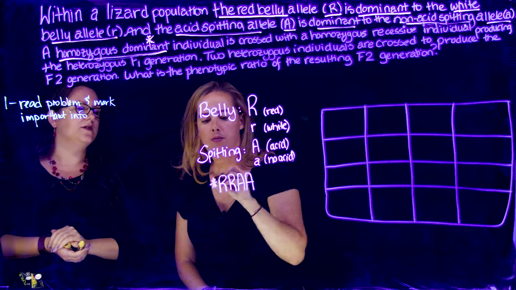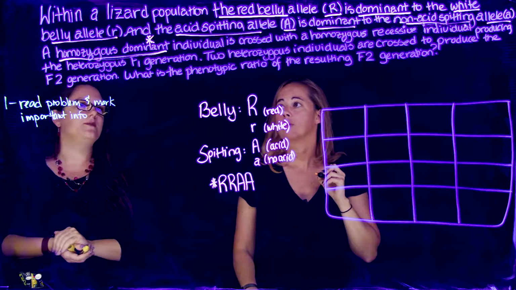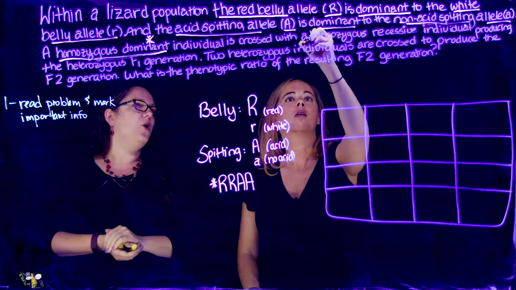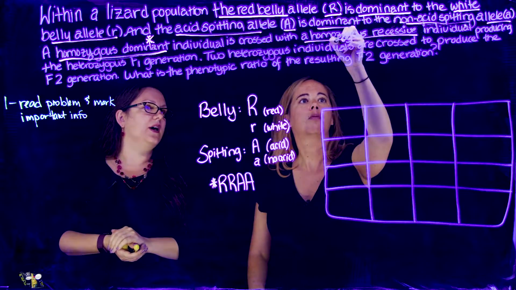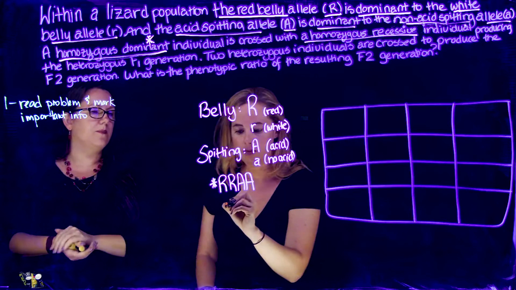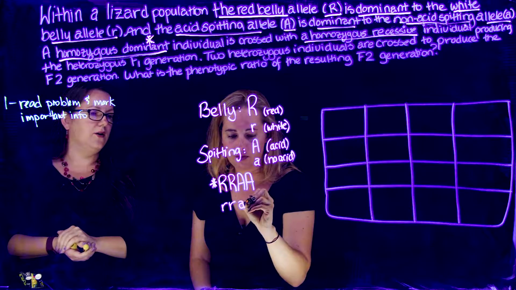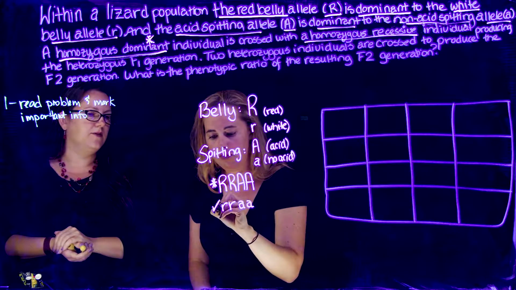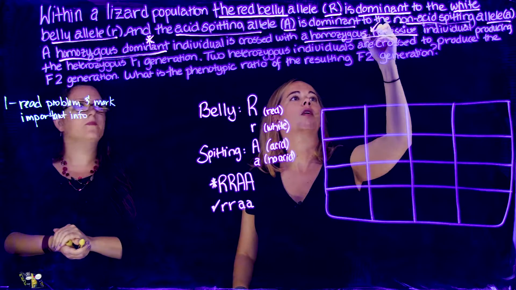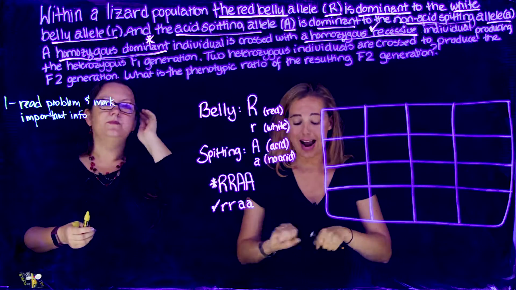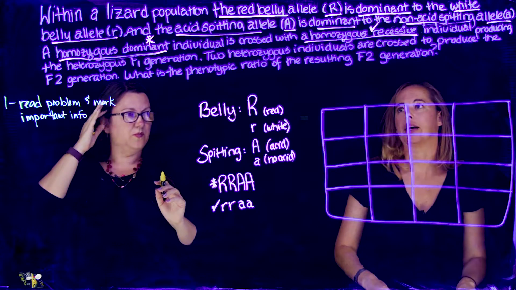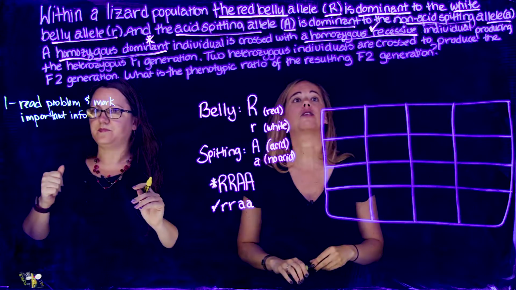So we represented the genotype of that individual, crossed with a homozygous recessive, again homozygous recessive for both traits, so lowercase r, lowercase r, lowercase a, lowercase a. Notice how I'm putting marks so I can keep track of what I'm doing because there are lots of pieces and parts.